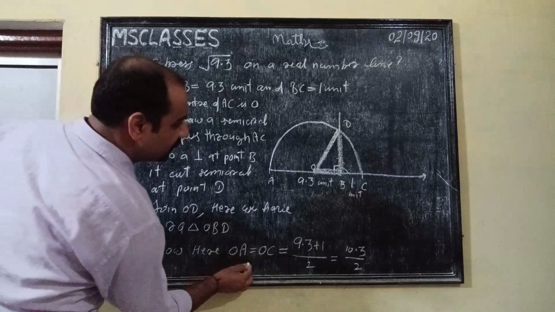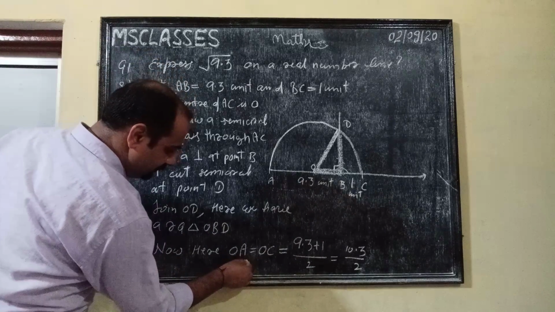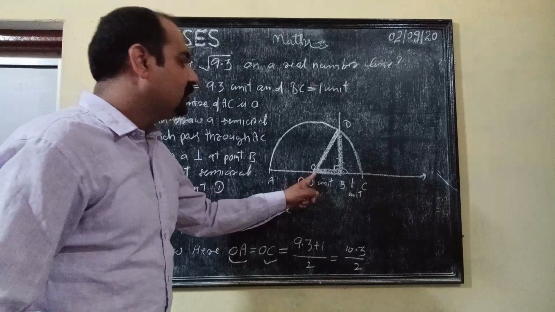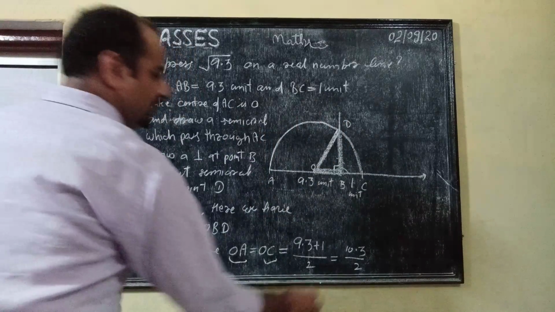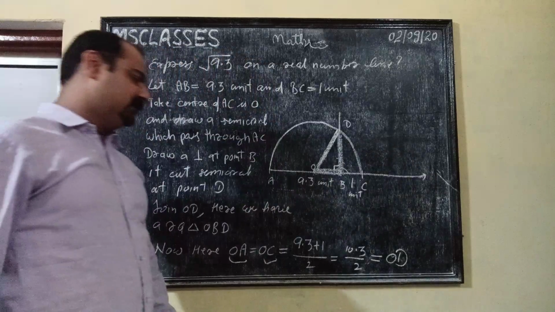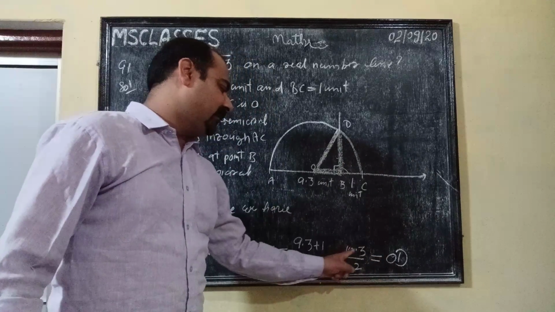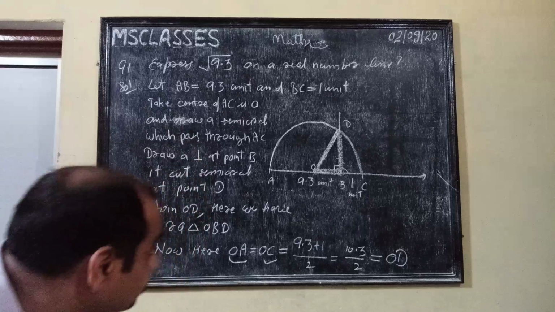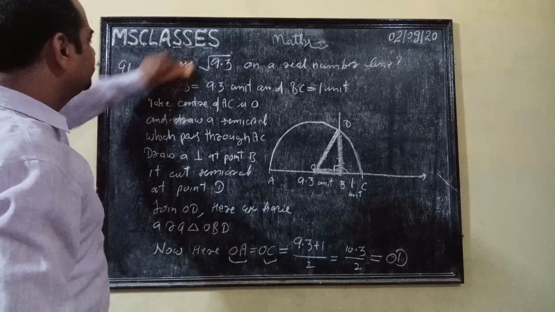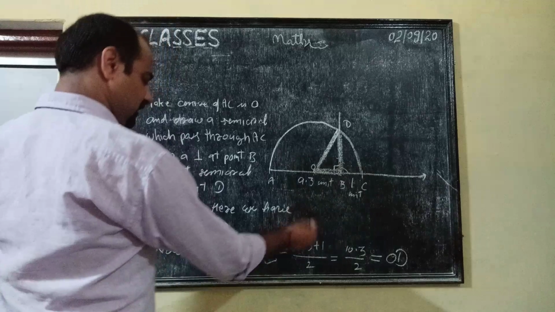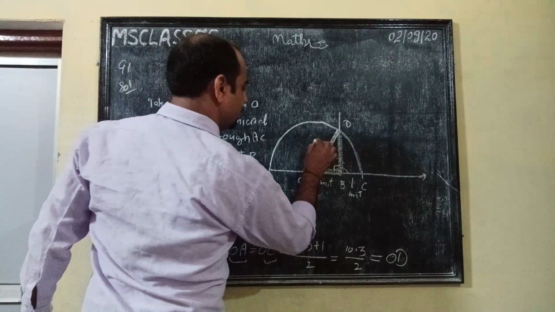This is your AO, OC and OD, and this is equal to OD, right? So OD is equal to 10.3 over 2. Now we have one side of a triangle.